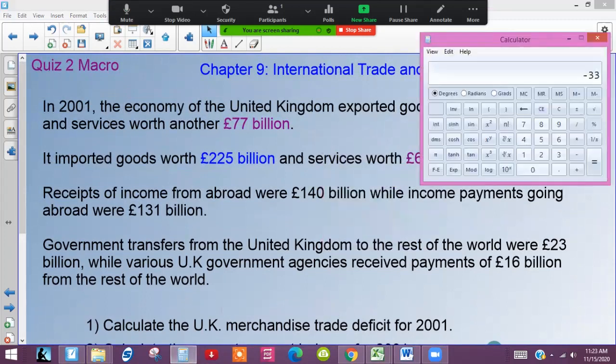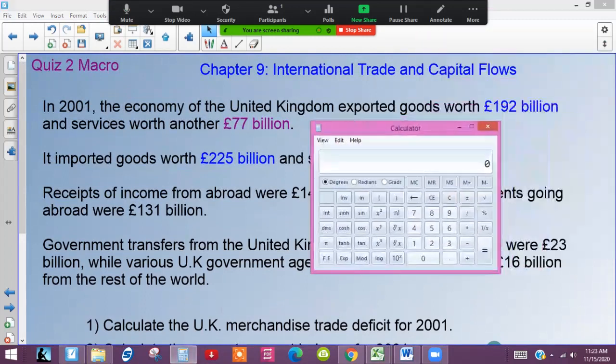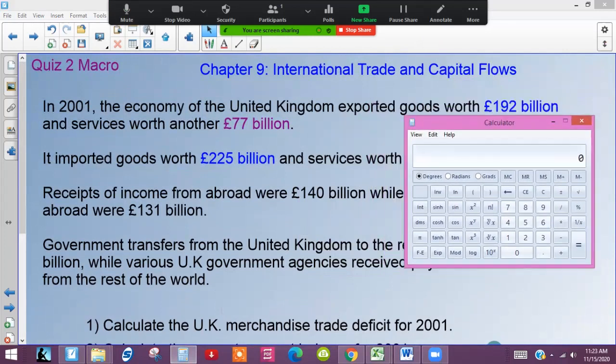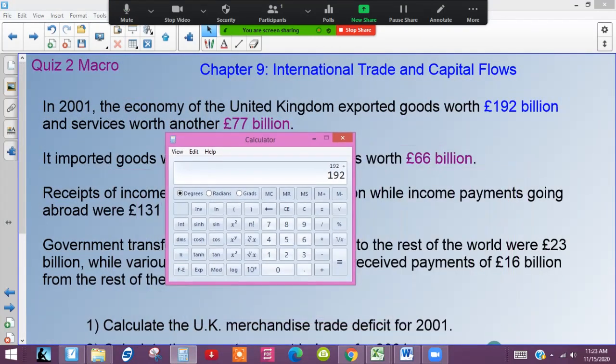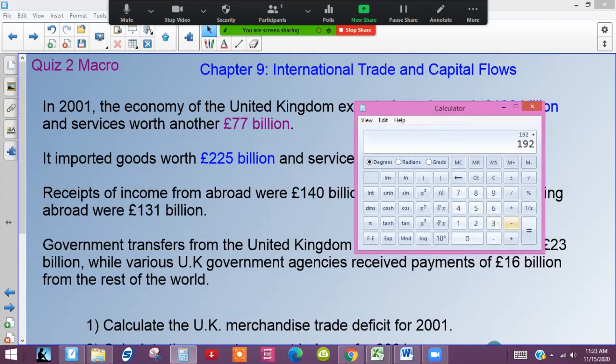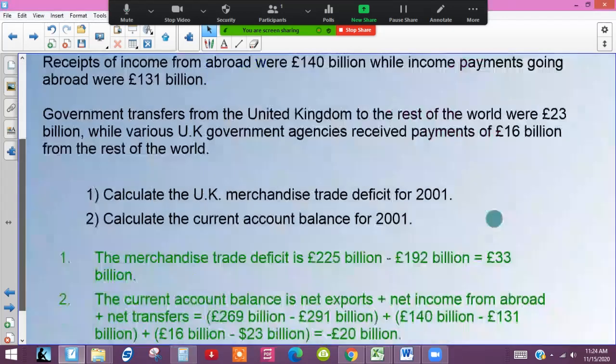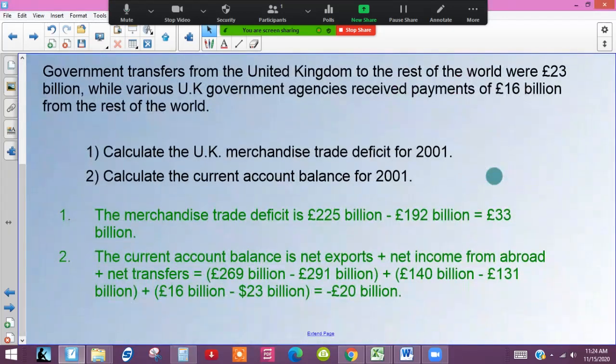The exported goods were 192 plus exported services were 77, and that's going to equal 269. And that's the number we're using right down here.